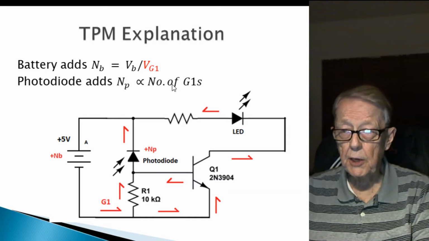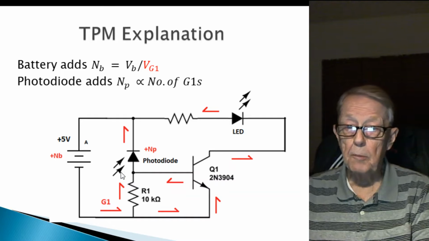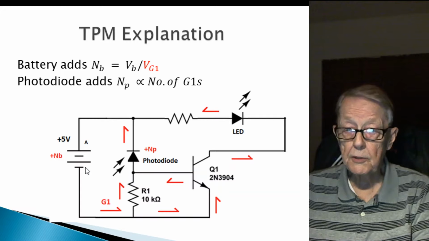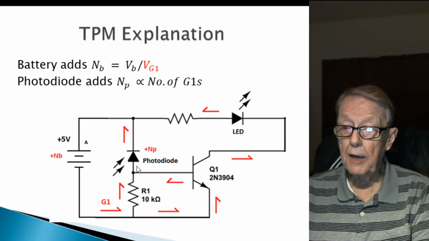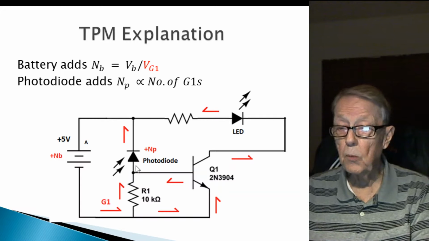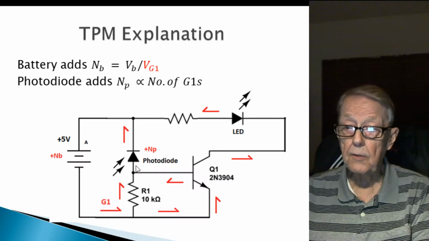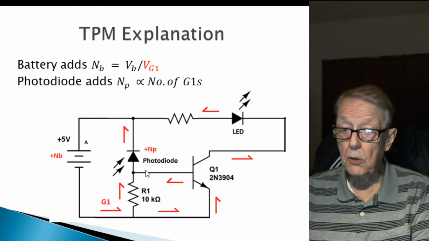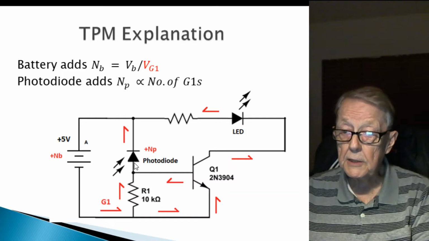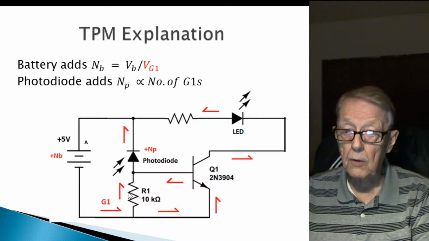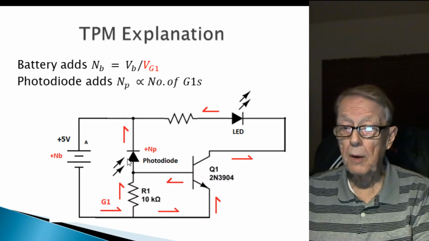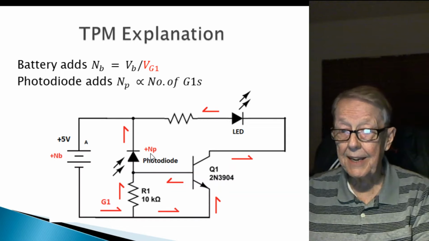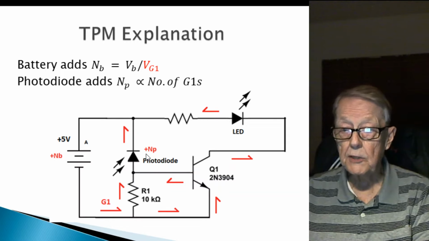I'm saying it's generally proportional to the intensity of this light. We know it's proportional to the intensity. In the IV curve where we showed the 1000 lux, 1500, 2000 lux, you can see that the more intense, the more current flows. In the TP model, that means this is adding the equivalent amount it needs for that amount of current.